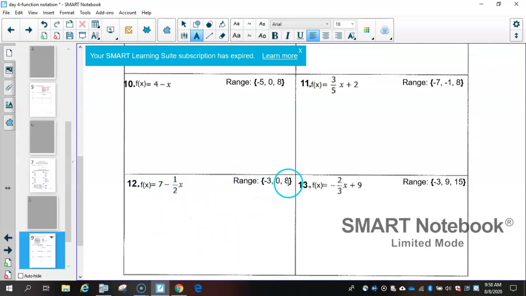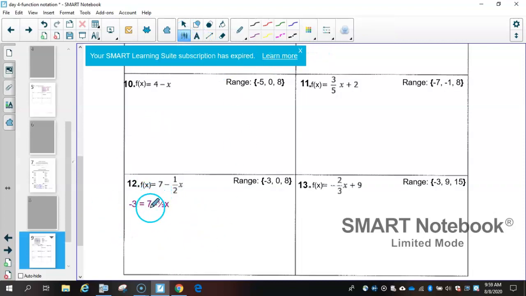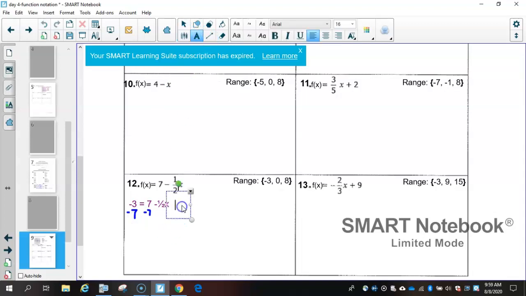So we are given this range. That means we need to put these values in for f of x and solve for x. So -3 equals 7 minus 1/2 x. And we are now solving for x. So here, because 7 is positive, I need to subtract 7 on both sides. And when we subtract 7 on both sides, we get -10 equals -1/2 x.